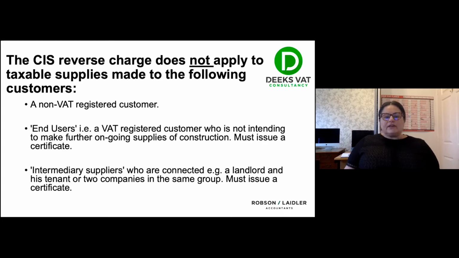You're deemed as connected if both parties have an interest in the particular property for which the construction services are being procured, and you're also classed as connected if you're in a corporate group together.